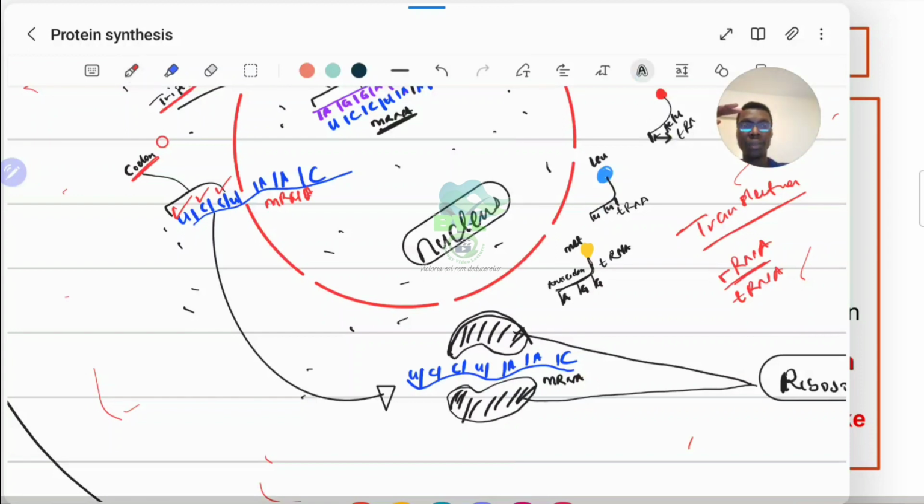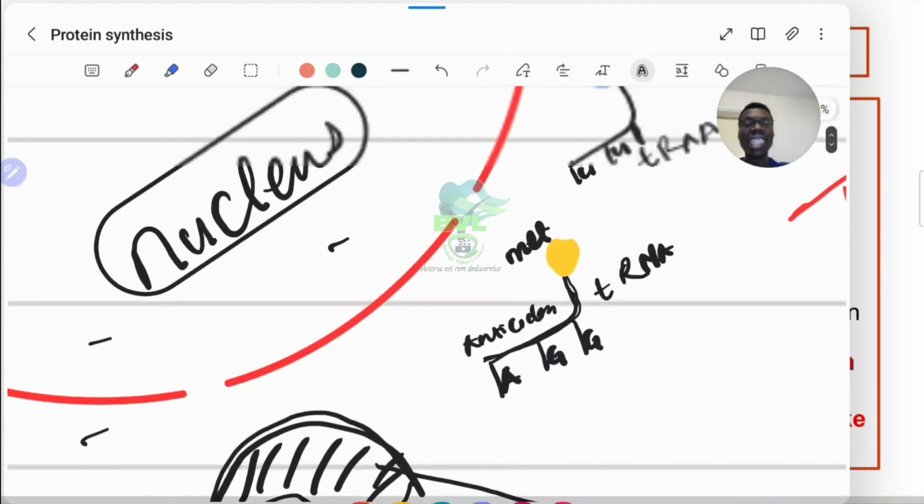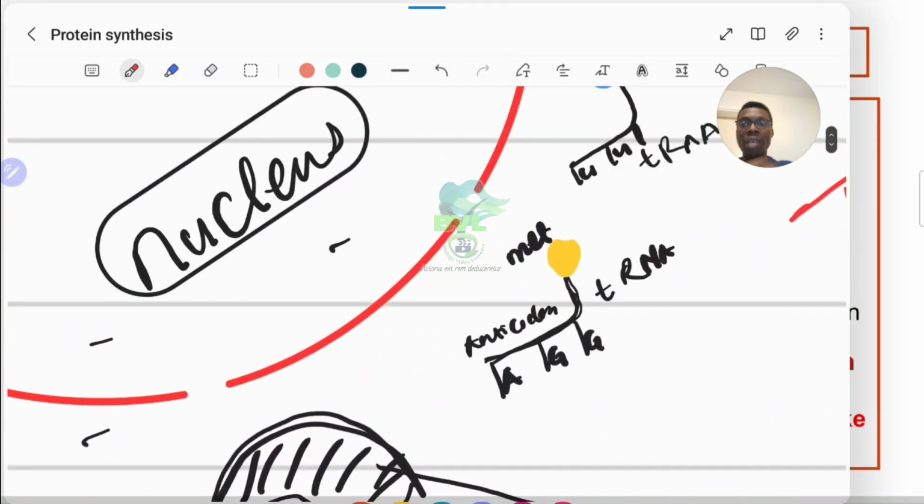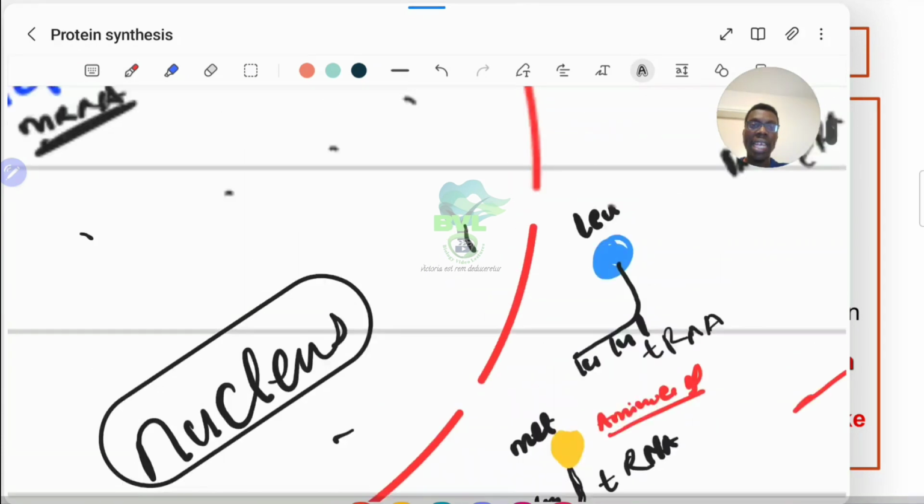Actually, you see it here in there. Then something happens. In the cytoplasm, you have several types of tRNA that carry different amino acids. So this is an amino acid. This is an amino acid. So this yellow thing you're seeing here is an amino acid. Then this is another amino acid.